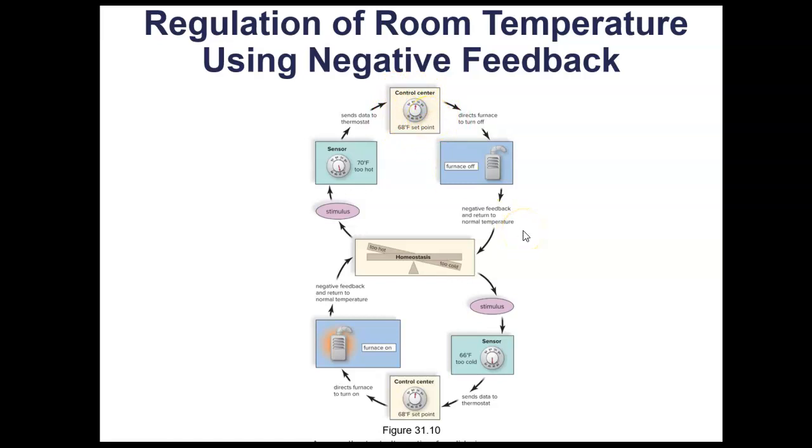So how does this work in our bodies? In our bodies, we also have sensors that detect if our body temperature has gotten too hot, and some of those sensors are in our skin. Those sensors send that data to the control center, which is our hypothalamus in our brain. If it's too hot, the hypothalamus is going to send information to effectors, such as our skin so that we're going to sweat, and the evaporation of that sweat is going to cool our body.